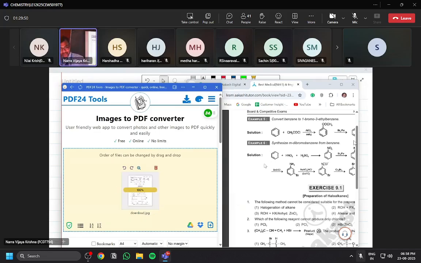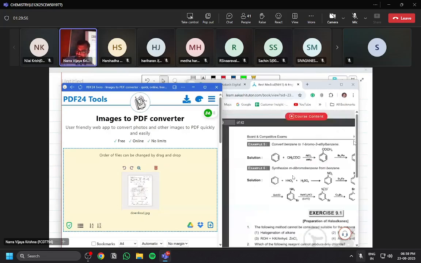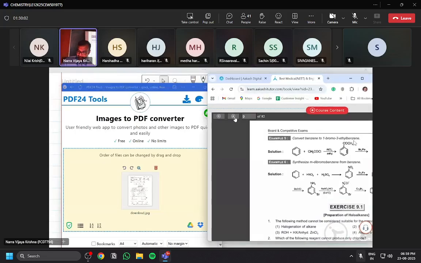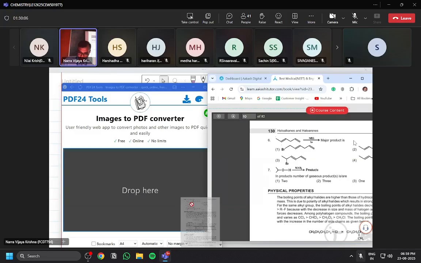Yes, I am converting image to PDF. Wherever questions are there, those pages I will take here. Cheating. This page also I will take.